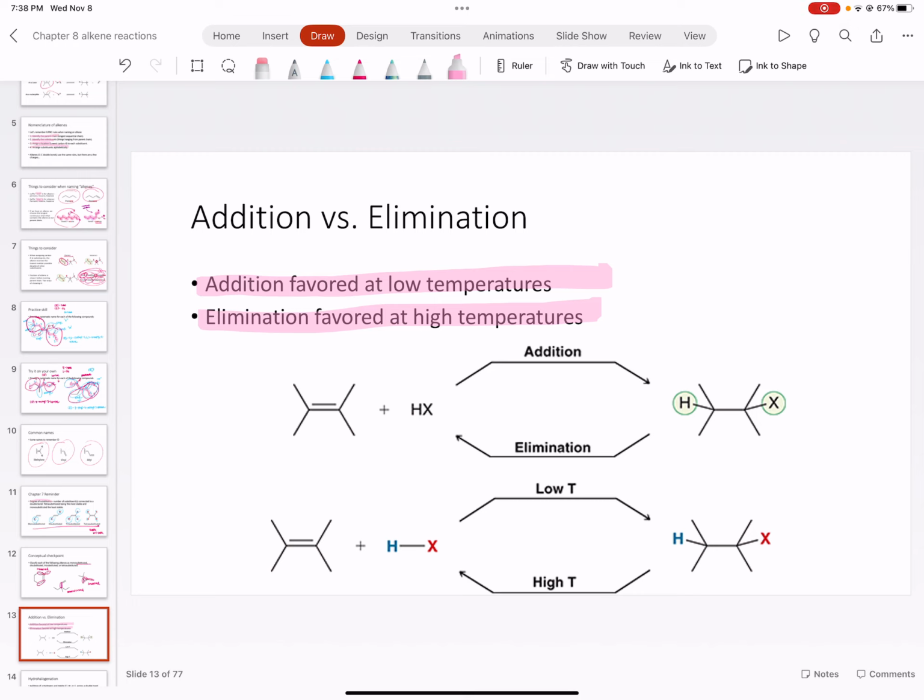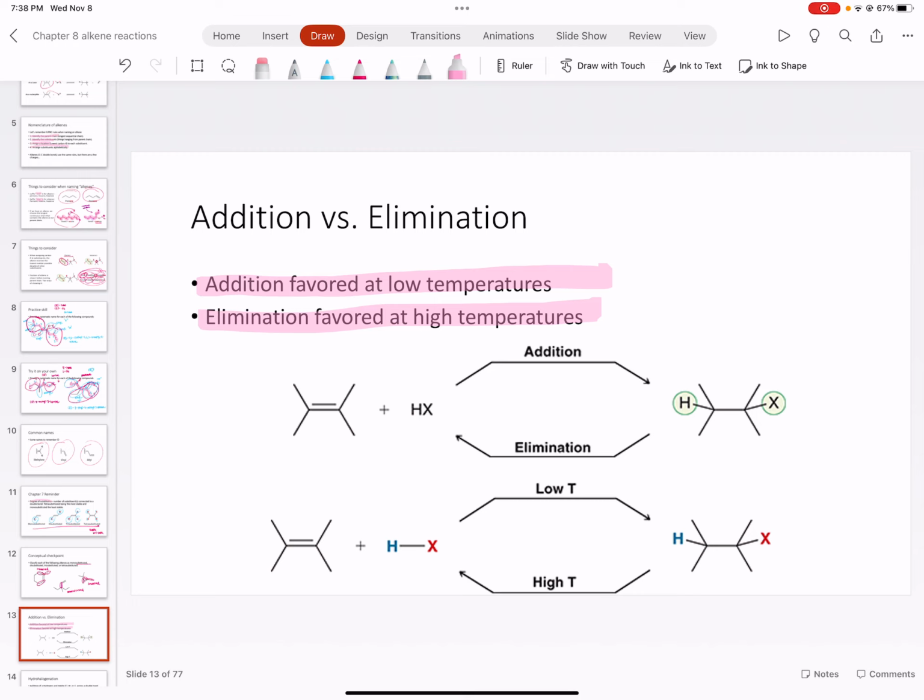Remember that at the end of the chapter on SN1 and E1 reactions, I showed you a little chart, and I said that SN2 normally happens at room temperature, while other reactions happen with heat.